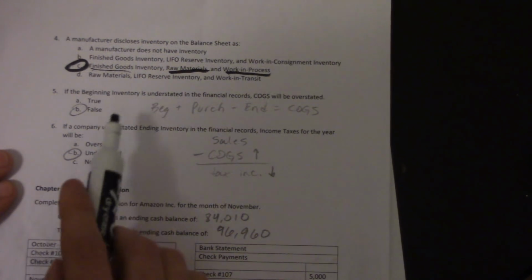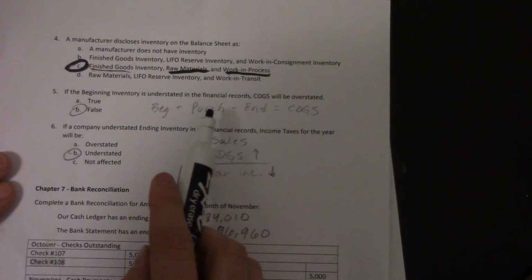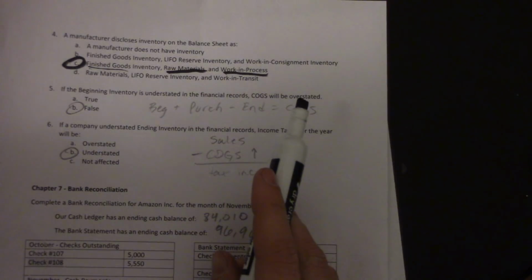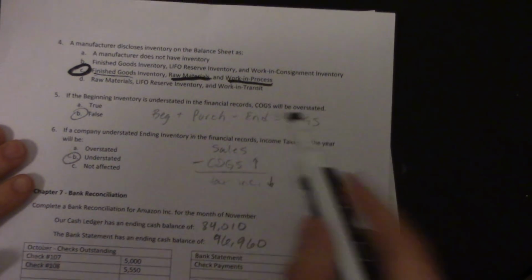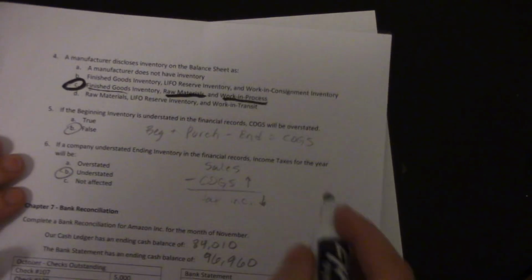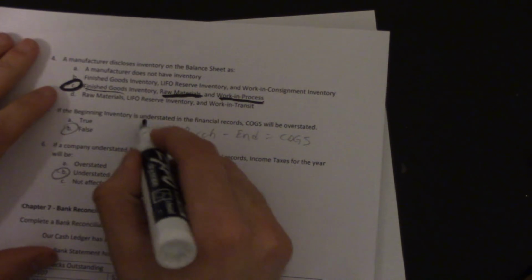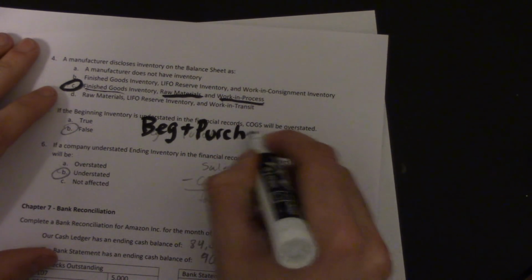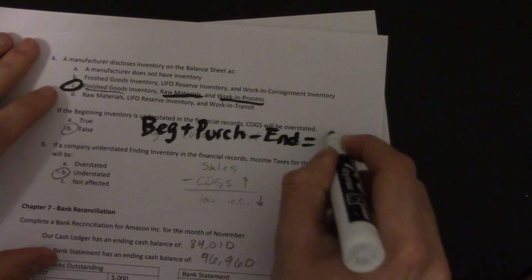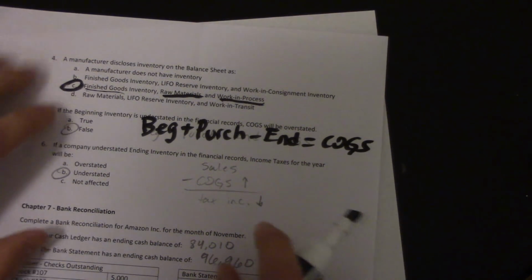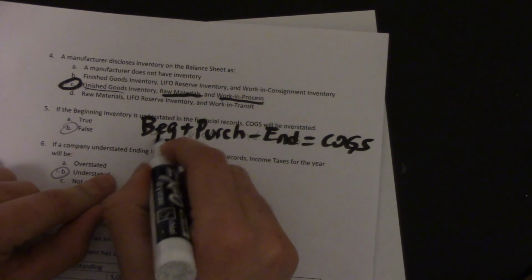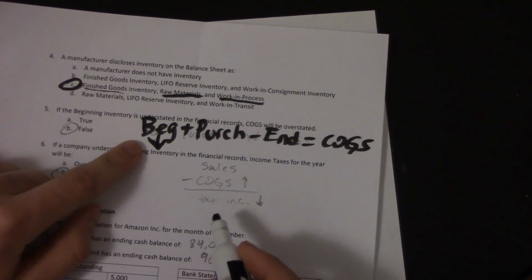If the beginning inventory is understated in the financial records, cost of goods sold will be overstated. True or false? That is false, and the best way to think of it is looking at our equation. We've got beginning inventory plus purchases minus ending equals cost of goods sold. If the beginning inventory is understated, it's a down arrow.